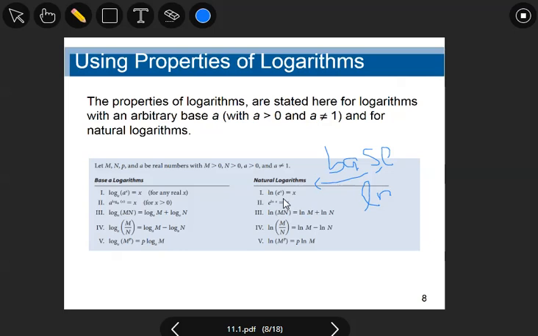Here it is an exponential, and here it is a multiplication, which we can write as addition. If it is a fraction we can write it as a subtraction, and if it is a power, m to the power p, we can take it in front of the logarithm, so p times ln m. These are the basic important things.